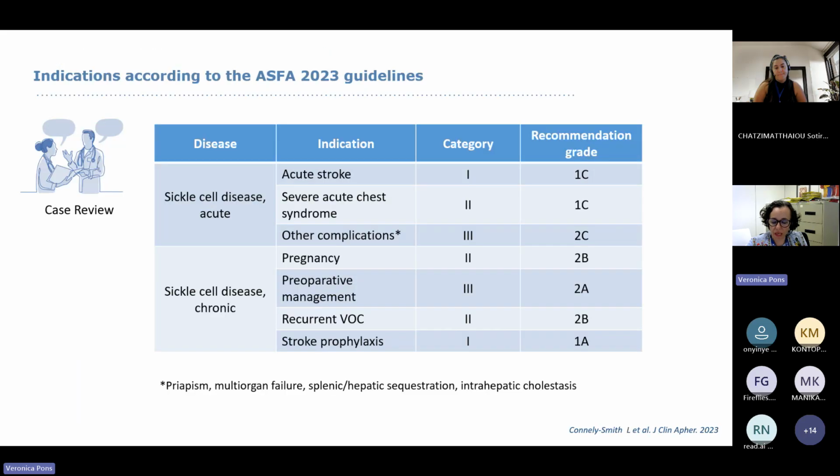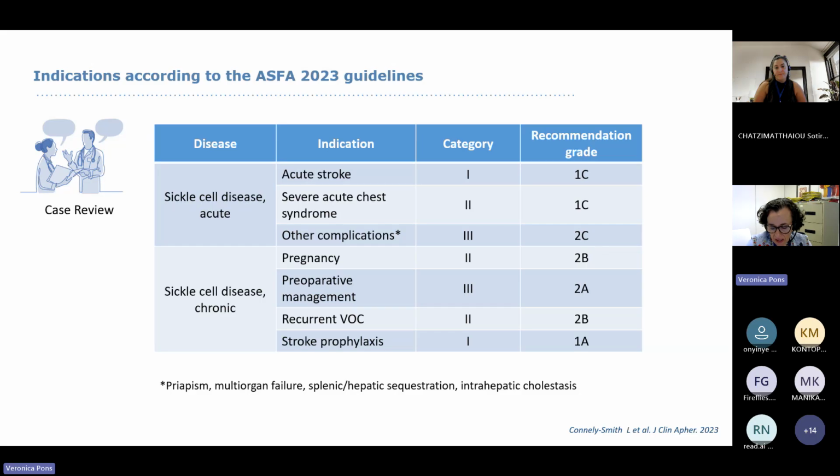So, what are the indications and levels of evidence for red blood cell exchange in sickle cell disease? To answer this question, we must consider the 2023 American Society for Apheresis guidelines that we use every day in our unit, and the table shows both acute and chronic indications.